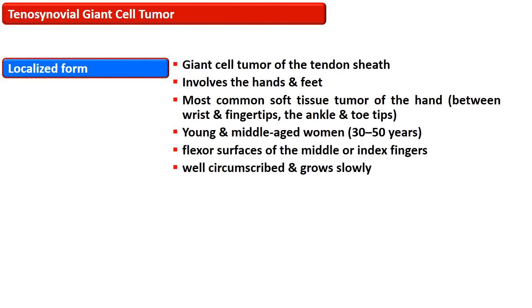In fact, it is the most common soft tissue tumor of the hand. It affects young and middle-aged women between the ages of 30 and 50 years, and commonly it is present in the flexor surfaces of the middle and index finger. The tumor is usually well circumscribed, and it grows slowly.